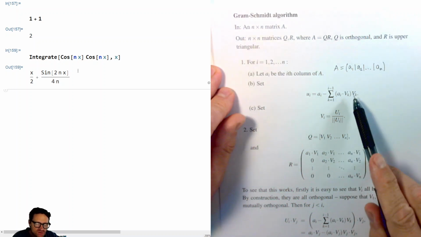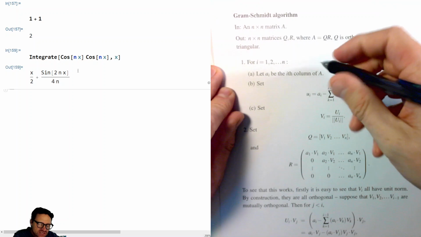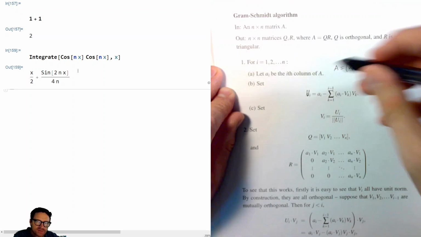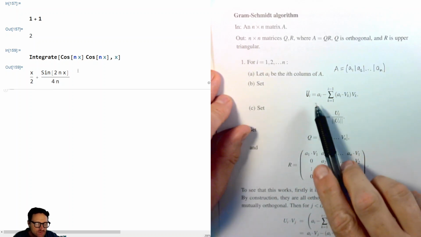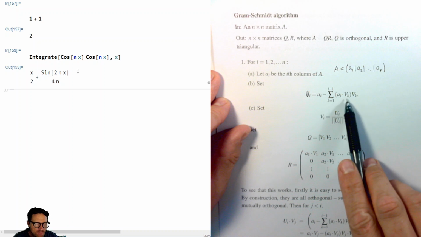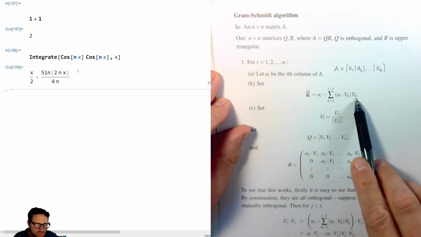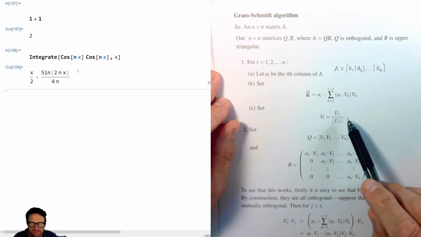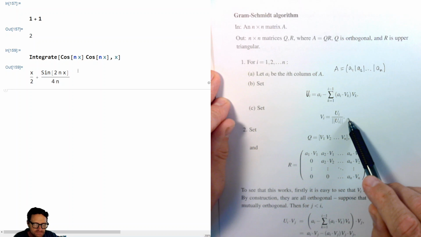And so what we do then is we set, now this should say uppercase U, so you might want to change that, uppercase U subscript i is equal to a subscript i minus the sum of dot products multiplied by the vector v subscript k, where v subscript k is gotten via this.